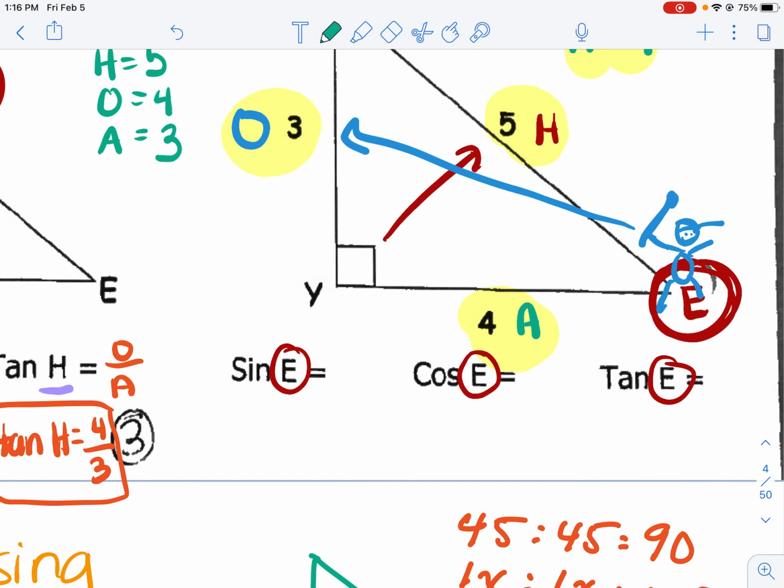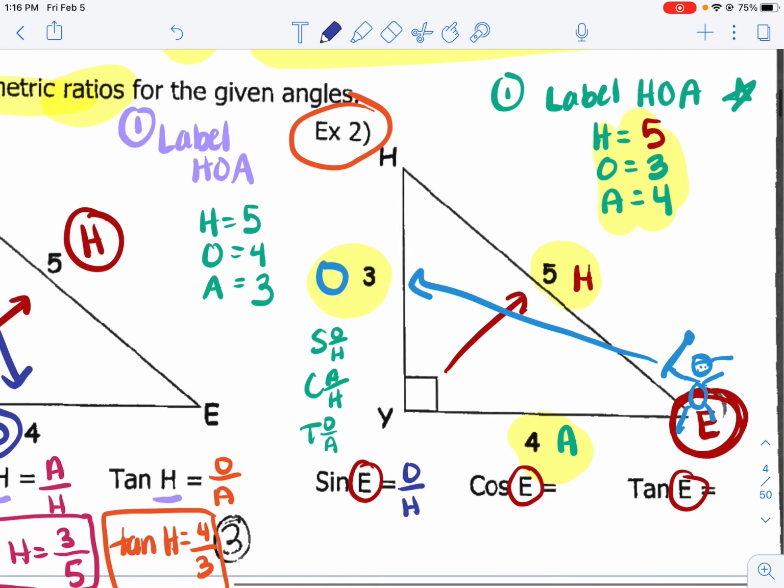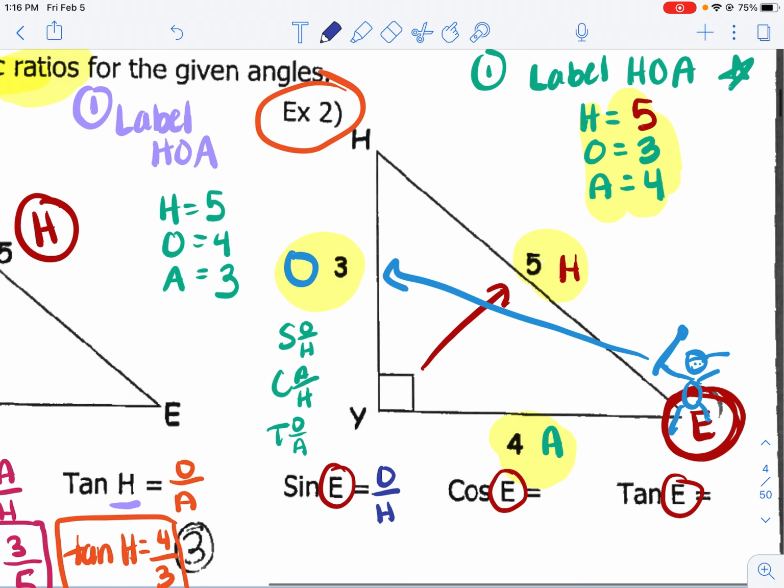Now let's try to find our sine, cosine, and tangent. Okay, so sine is going to be O over H. So I'm going to put in sine of E equals 3 over 4.